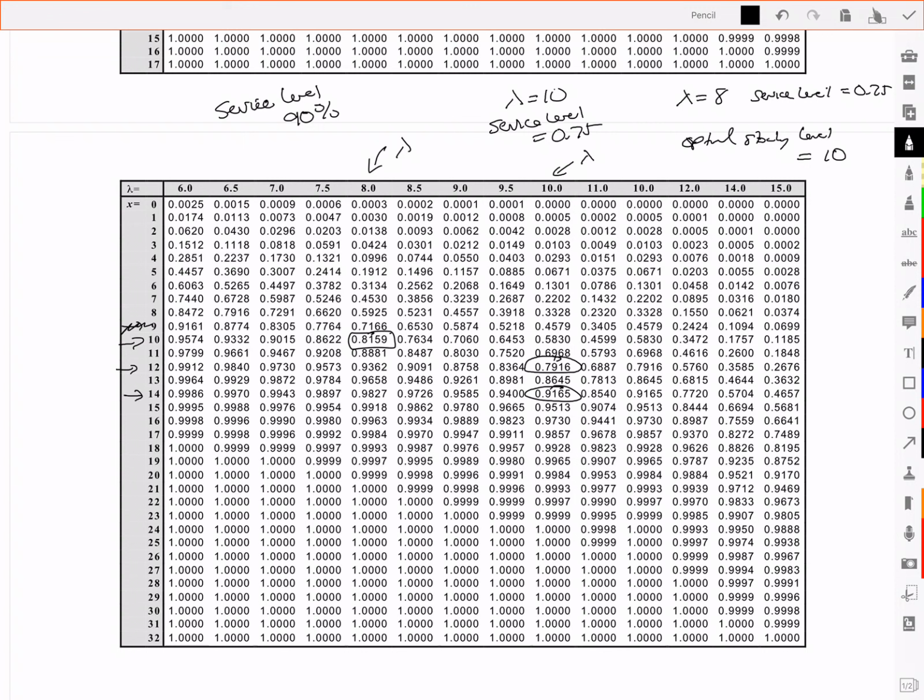So in that case, our optimal stocking level would be 14. So you see we're holding extra inventory because we want to have enough more of the time. Okay. If our average demand was 8 and the service level was 90%, then instead of holding 10 units, we'd hold 12. So you can see that we're holding extra units when the service level goes up.